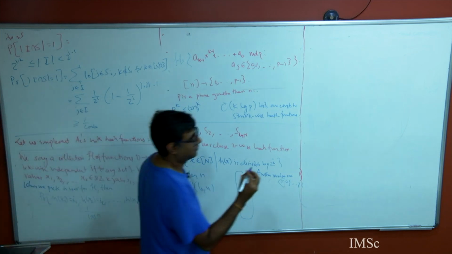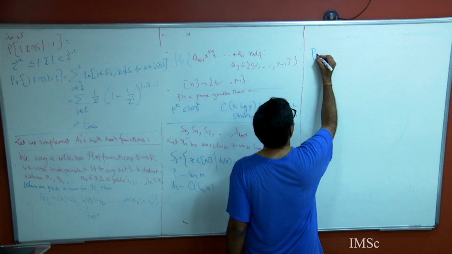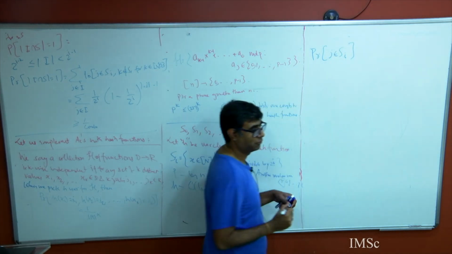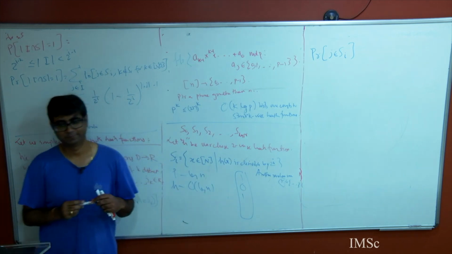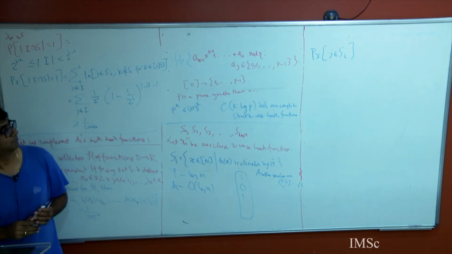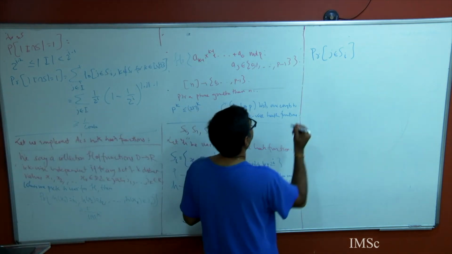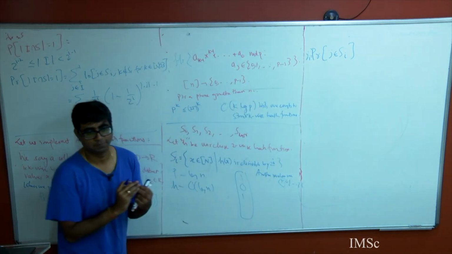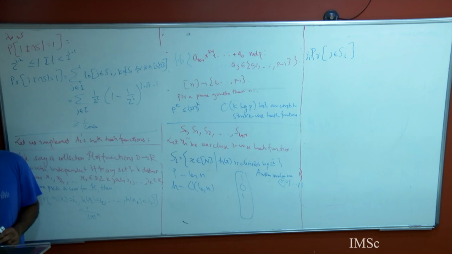So let's ask this very simple question. What is the probability that j belongs to Si? Let's call this gamma i. How many of you know hash functions?